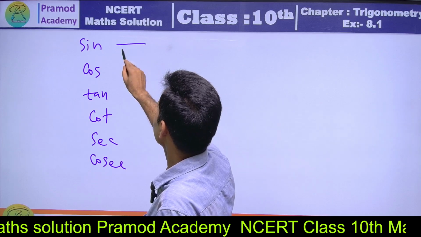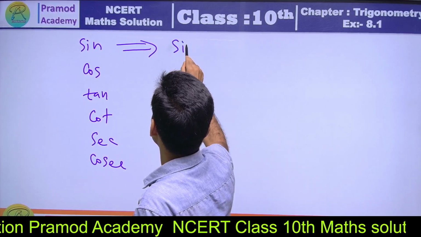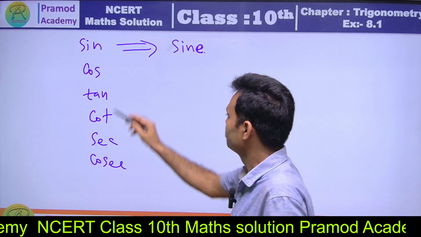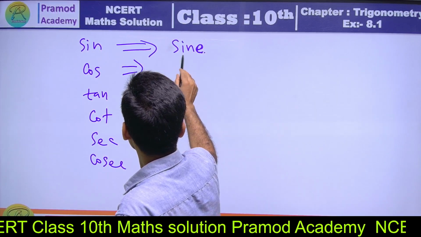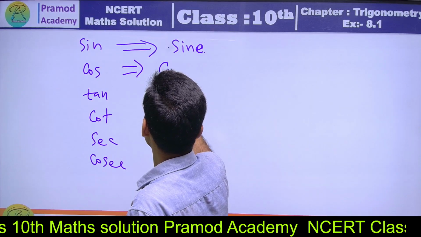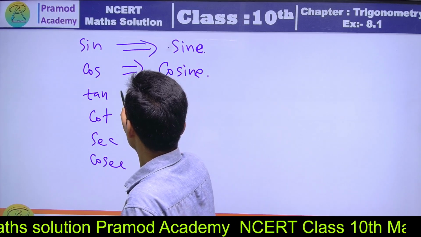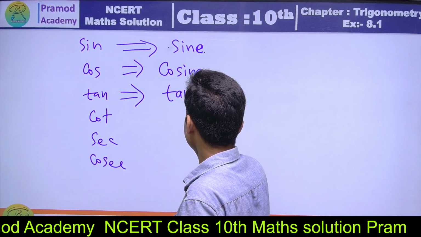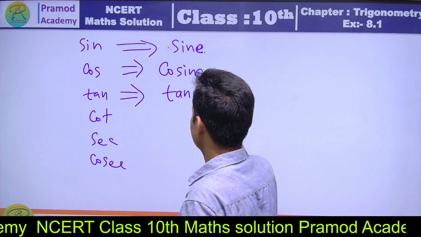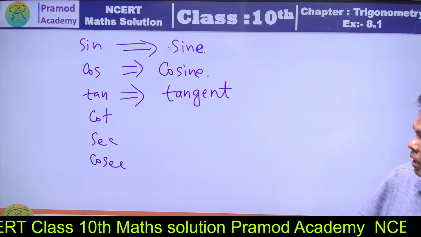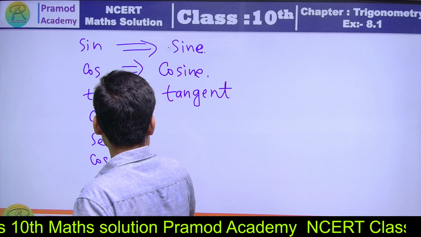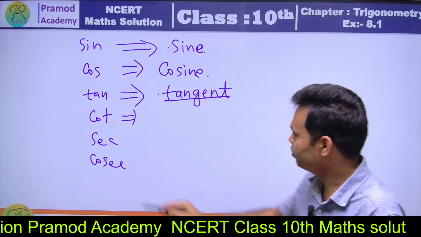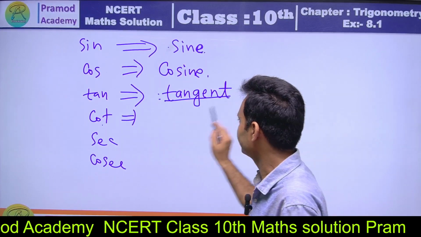The full form of sine is sine, we will put E. Full form of cos, we will put co here, so cosine. Full form of tan is tangent, T-A-N-G-E-N-T. And for cot, in tangent we will put co, so the full form of cot is cotangent.